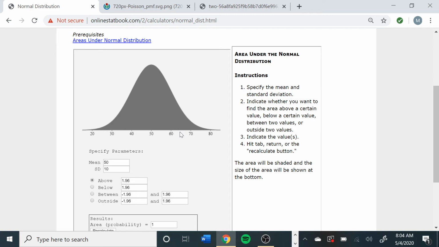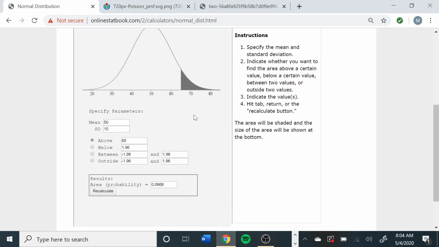What if we wanted to know, how likely is it that we could get a butterfly that's 65 millimeters? Well, you would put above, and then you would put 65 here. All right. See how the area to the right of that is shaded? And here's the probability, 0.067. 0.07 would be how we would round that off. So it's pretty unlikely. That means there's about a 7% chance of catching this butterfly.